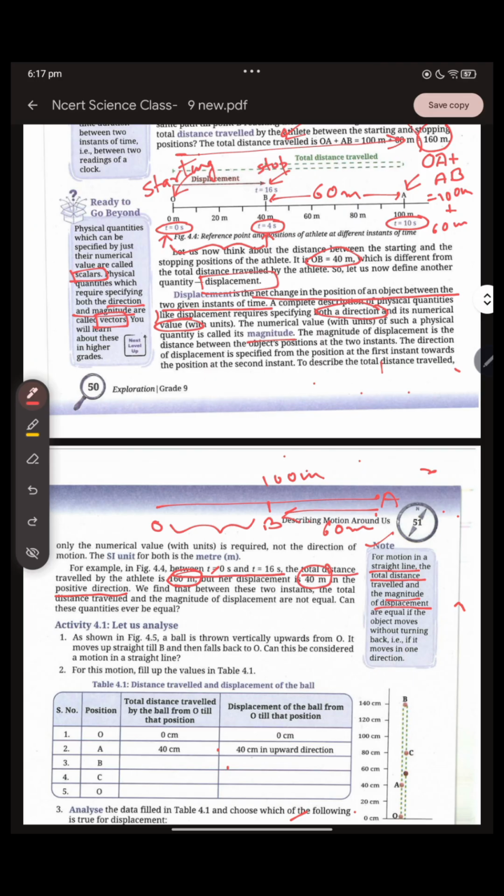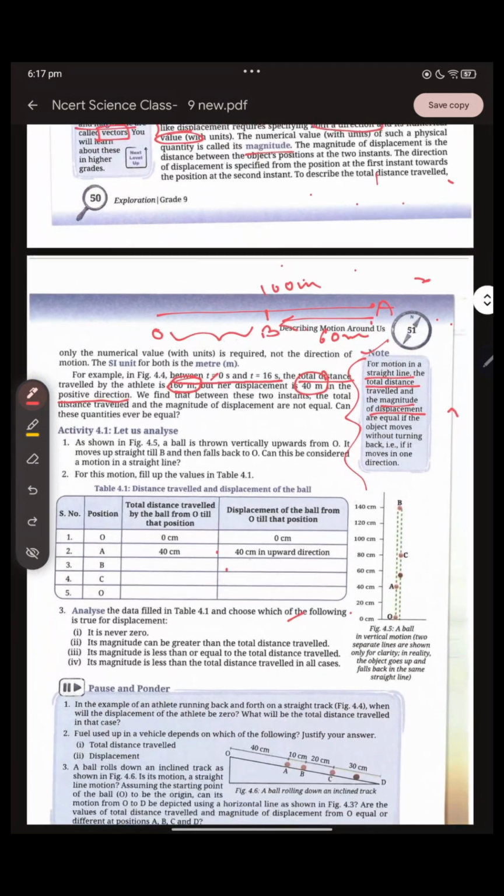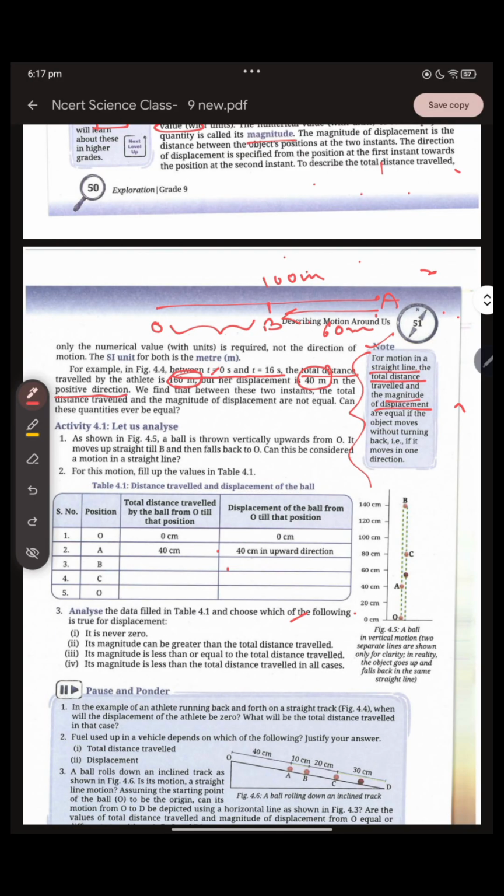But when you talk about displacement, it means the difference between the starting and the final position. So here, if there hadn't been any backward movement, then the distance and the displacement would have been the same, right? Because both distance and displacement would have the same value.